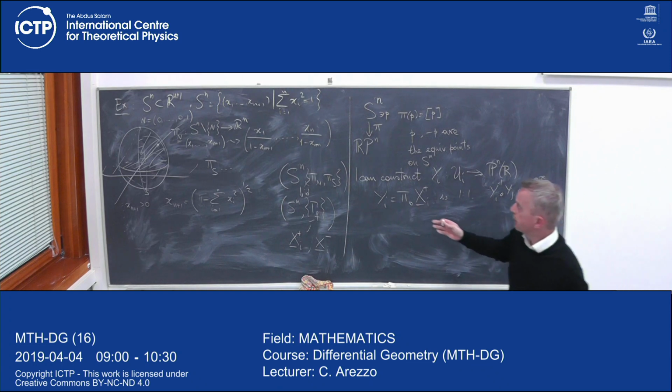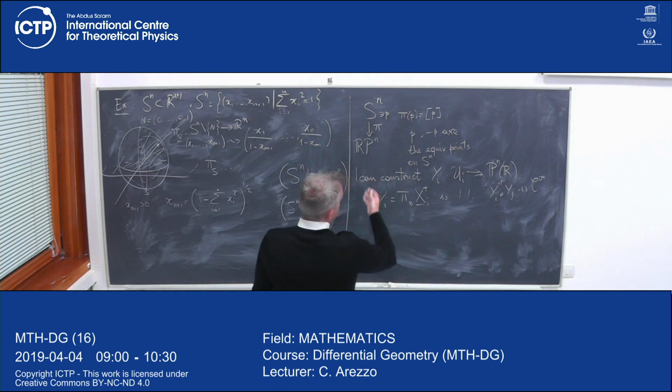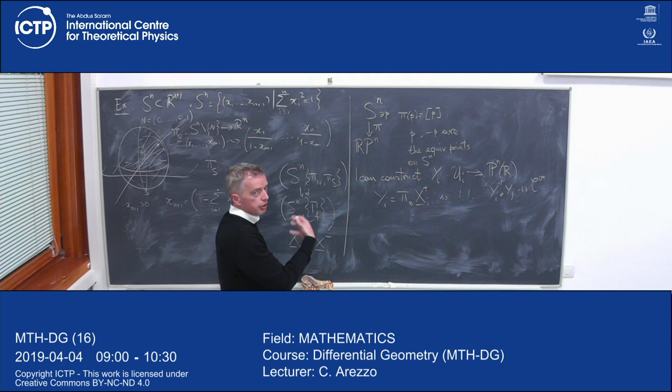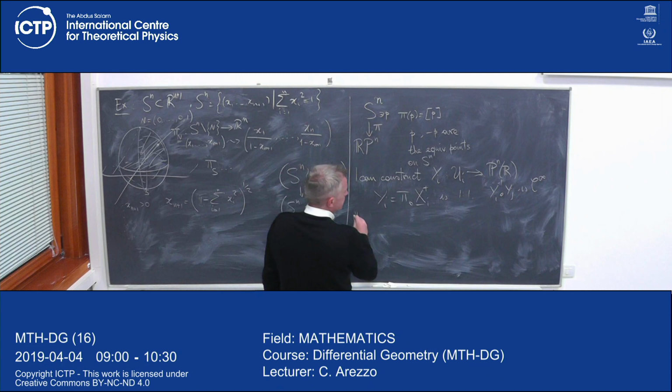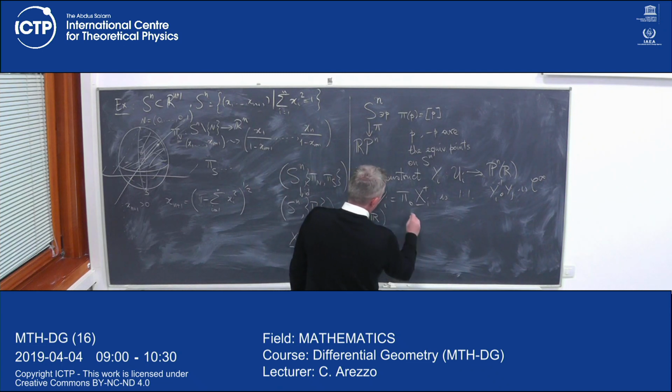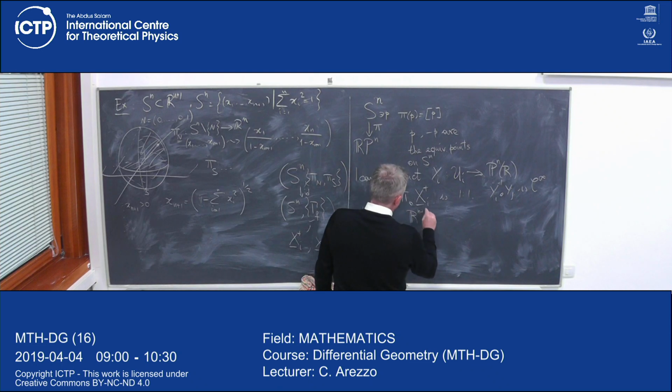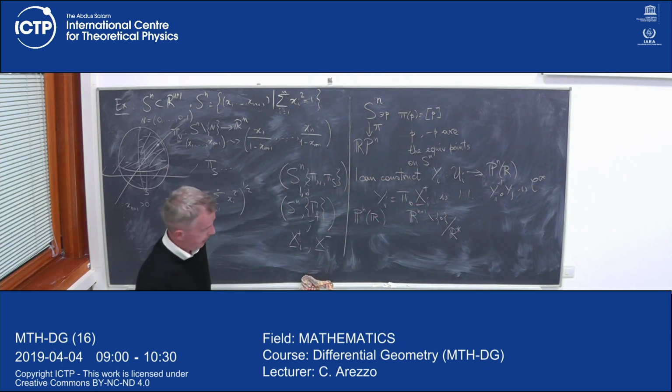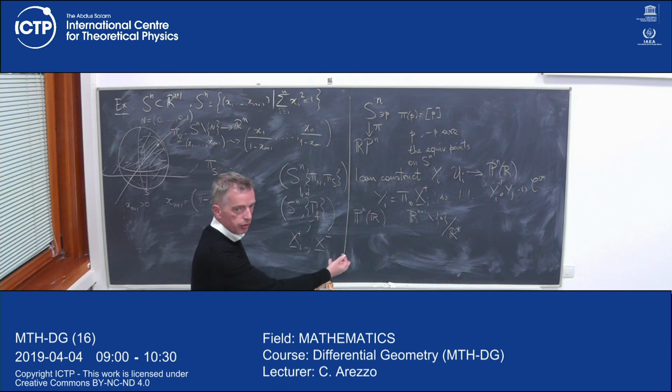And in fact, you can think of this operation as really taking the quotient with a group, even the original one. When you say P^n(R), it is actually the quotient of R^(n+1) minus the origin by the equivalence relation. In fact, I've already written it as a kind of action of something.